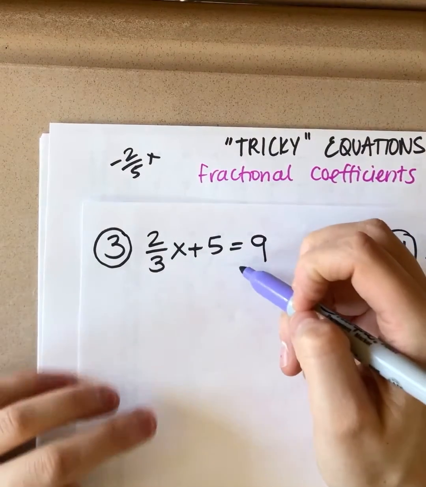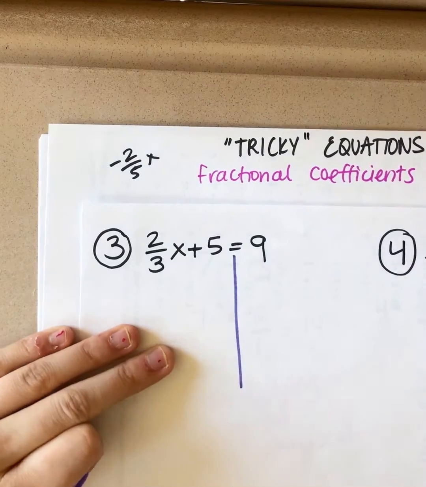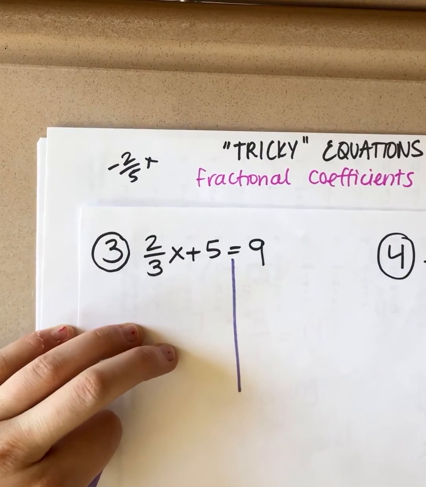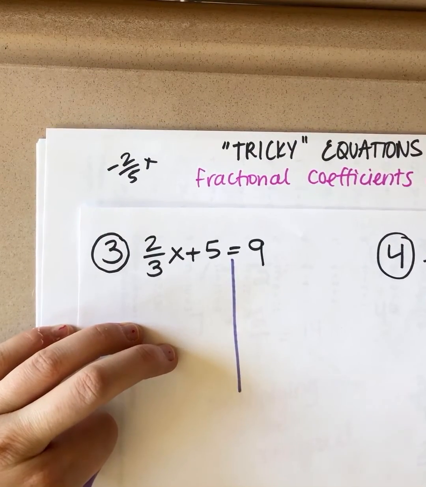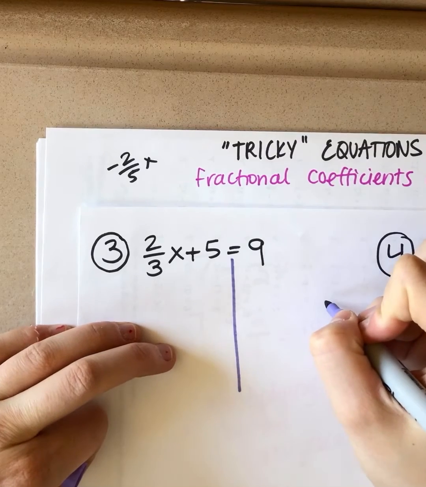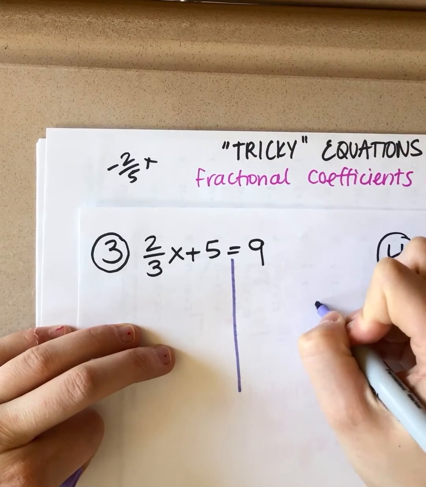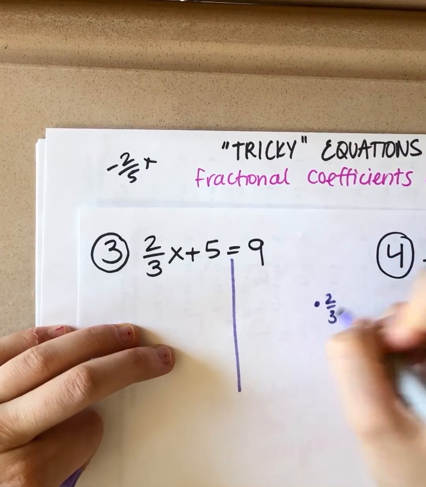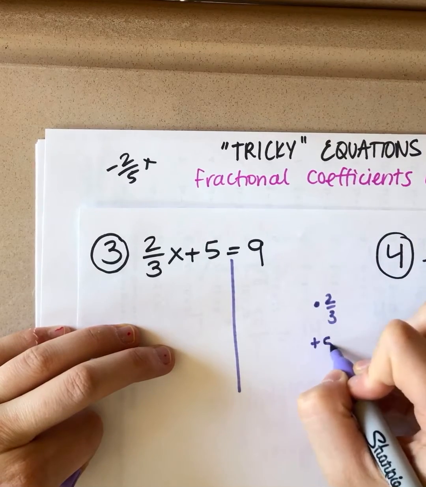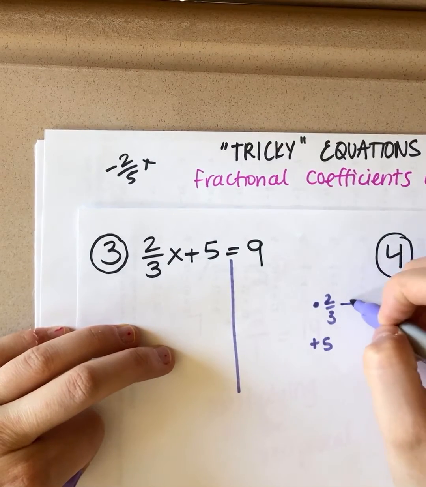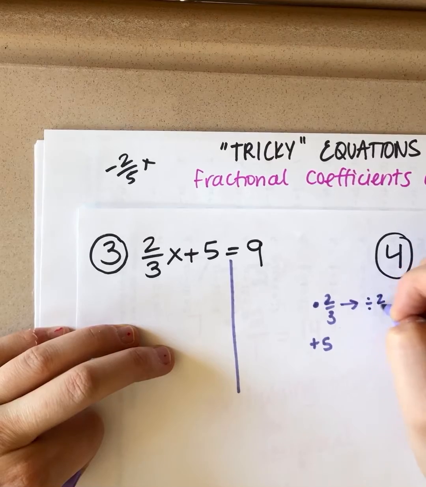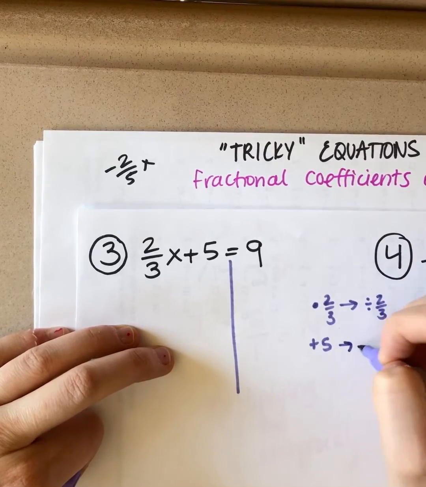So they're all set up and ready for me. I'm going to drop that line down from my equal sign, and I'm going to figure out what's happening to x. X is getting multiplied by 2/3 and added with 5. So I know that I'll do the opposite. I will divide by 2/3 and I will subtract 5.